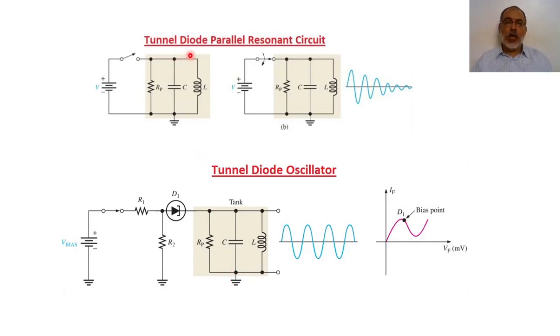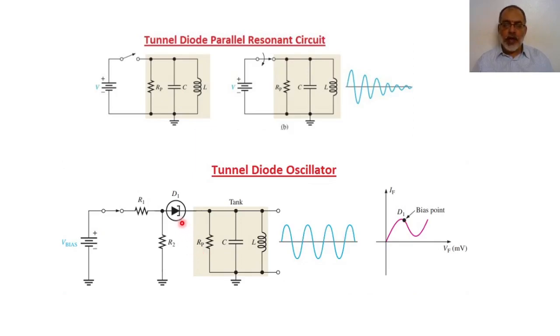As an example of a tunnel diode parallel resonant circuit, we have here a parallel resonant circuit RLC, where R here is positive. If I connect a DC voltage to this parallel resonant circuit, we will have damped oscillations. This oscillation is damped mainly due to the presence of the parallel resistance R. If I compensate the parallel resistance with a negative resistance, this oscillation can be sustainable, and we have a constant magnitude oscillation.